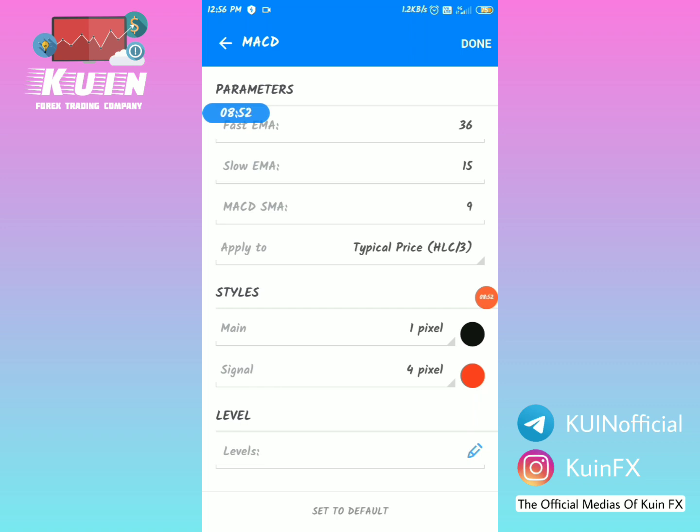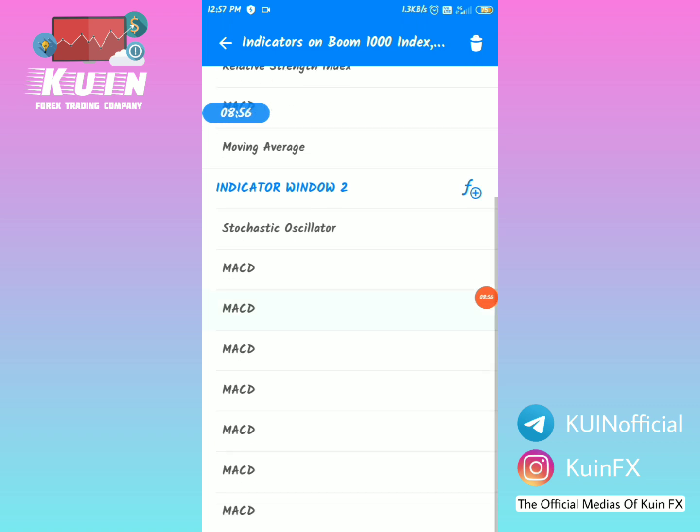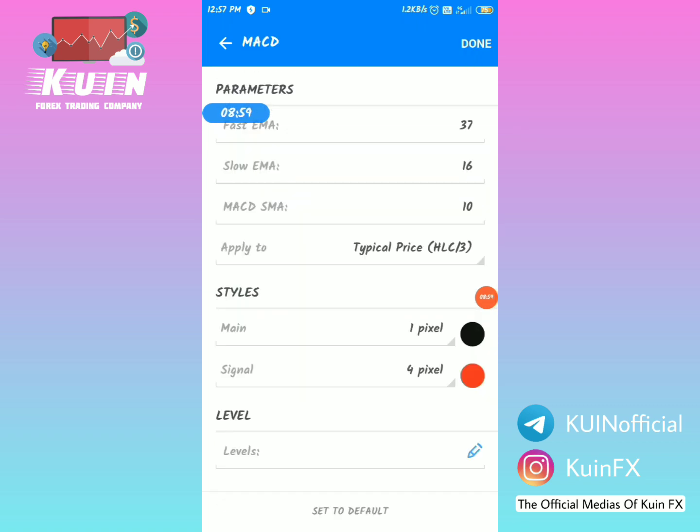Then done. In second MACD we have fast EMA 37, slow EMA 16, MACD SMA 10, apply to typical price HLC/3. Style main 1 pixel is black, signal 4 pixel red, labels no labels. Then done.